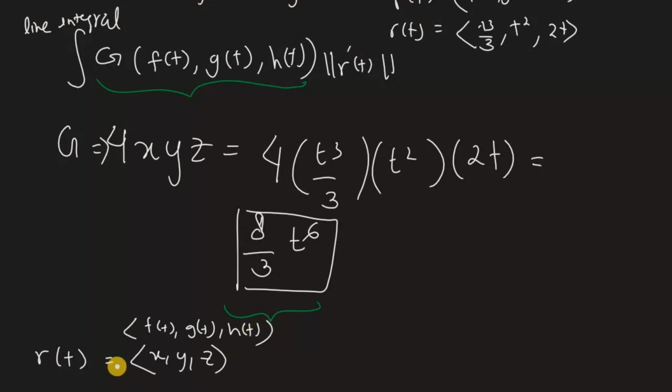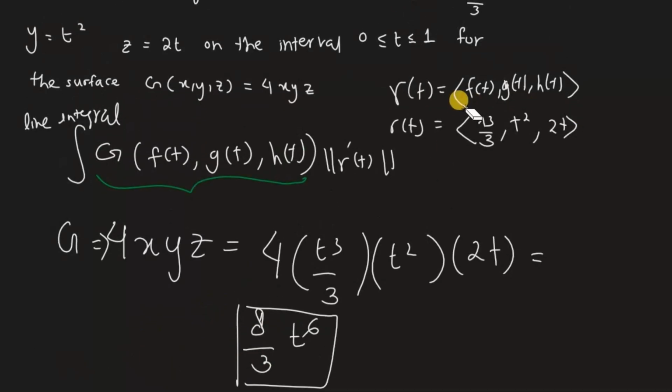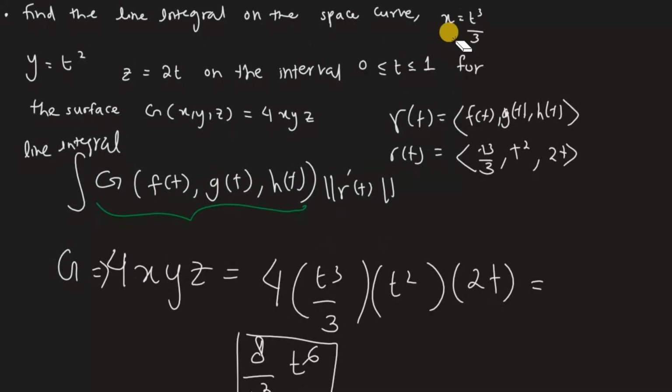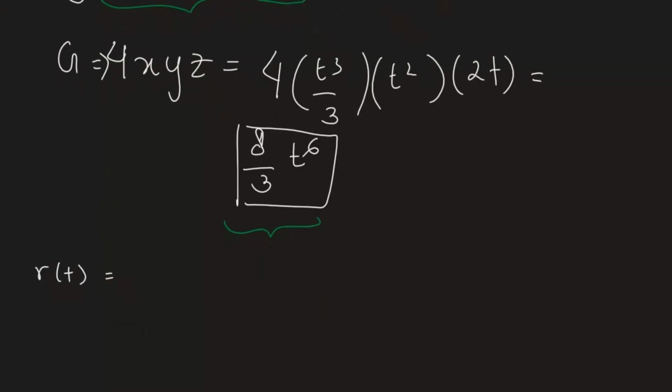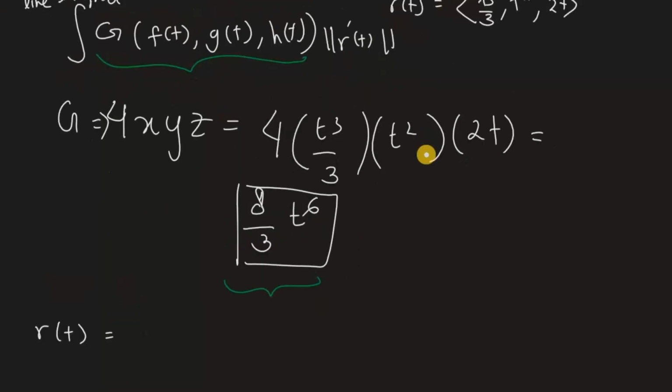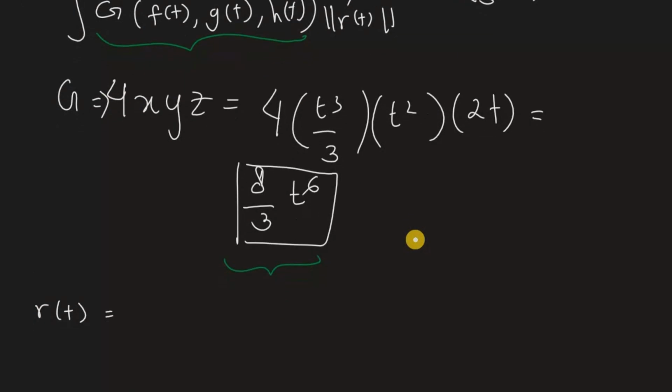I simply replaced f of t, g of t, h of t with the functions that were given to us: t cubed over 3, t squared, and 2t. That's what I did over here, I was just re-explaining it.